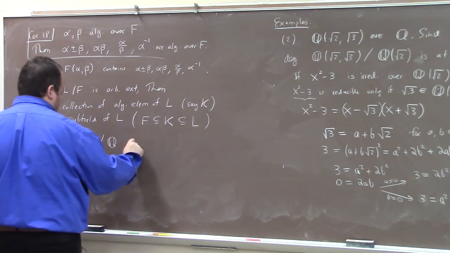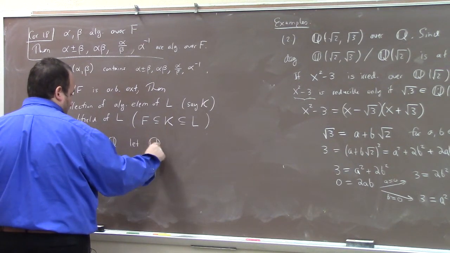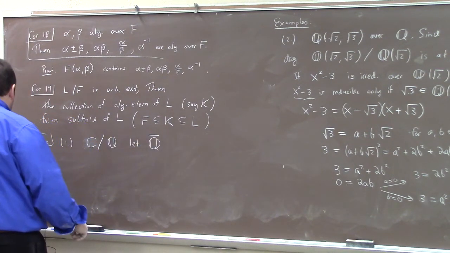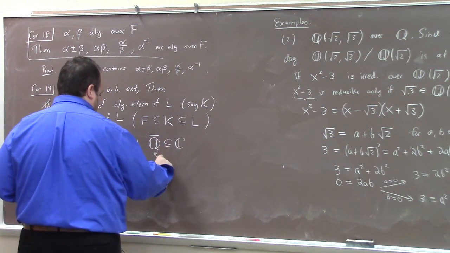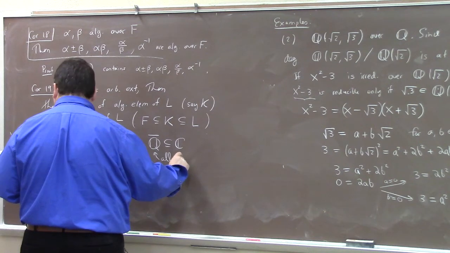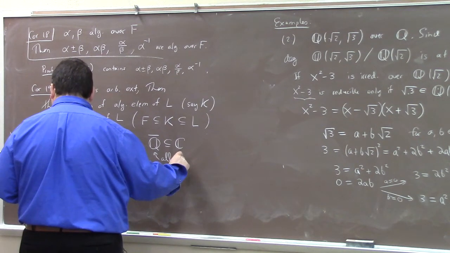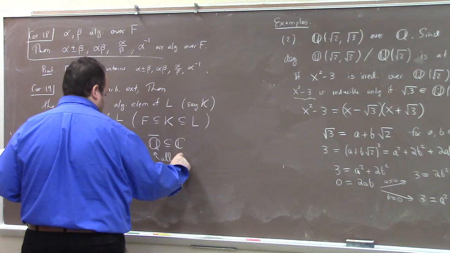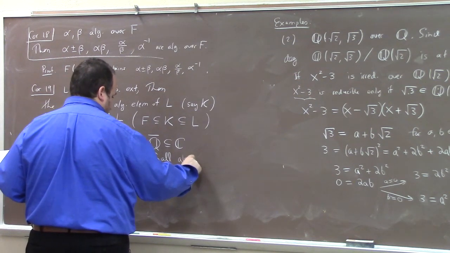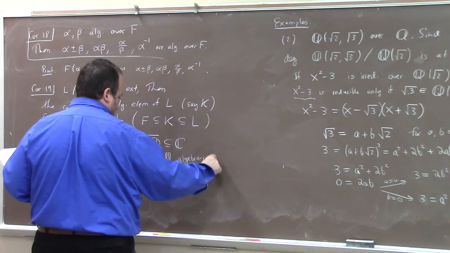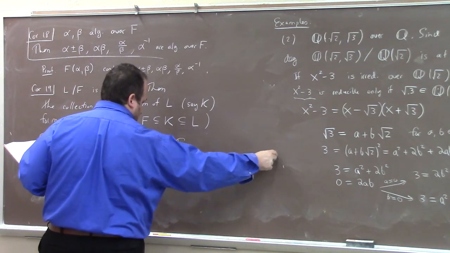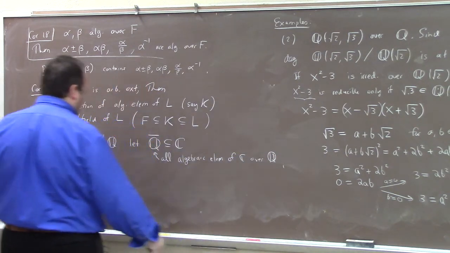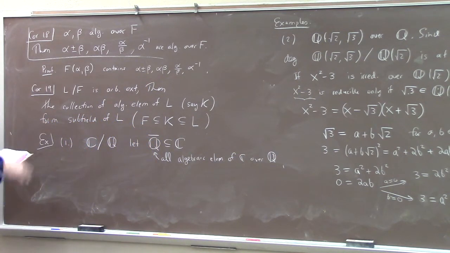Then you let Q bar denote, it's a subset of C. So this is going to be all algebraic elements of C over Q. All right, this is a subfield of the complex numbers, right?